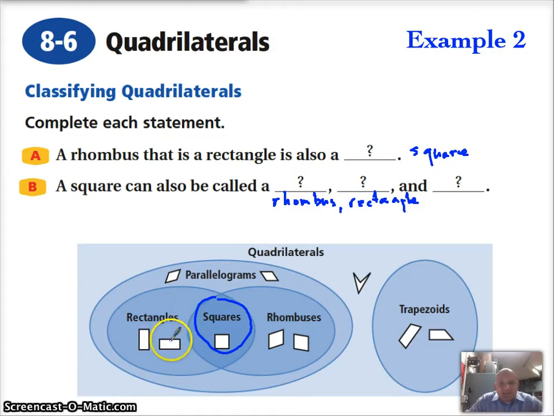Because its opposite sides are parallel and they're 90 degrees. That's what rectangles are. And finally, it can also be considered a parallelogram. And why a parallelogram? Well, because the sides of a square are parallel to the opposite sides.